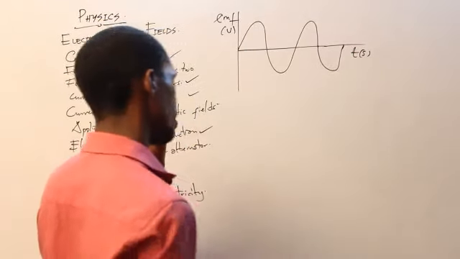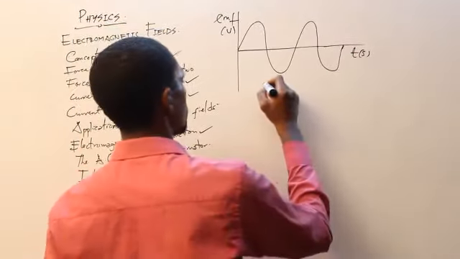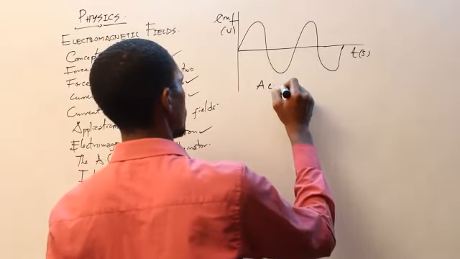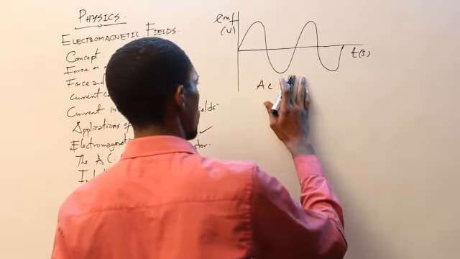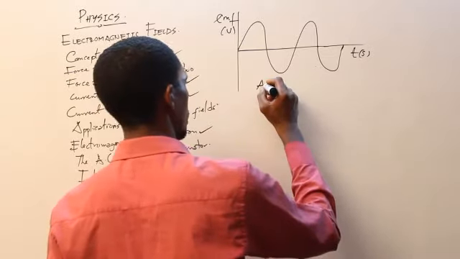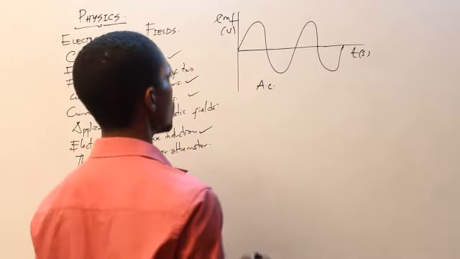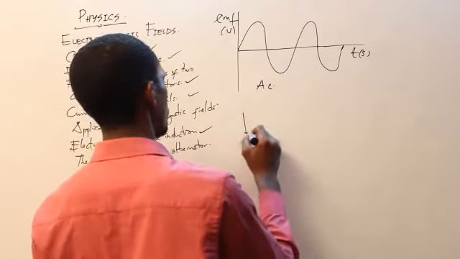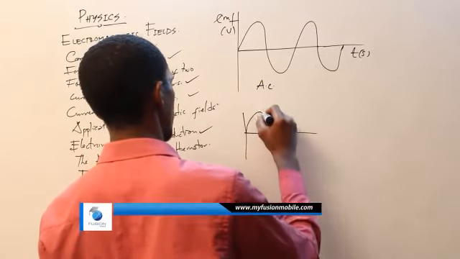This is what your AC generator produces, but your DC generator has something like this.